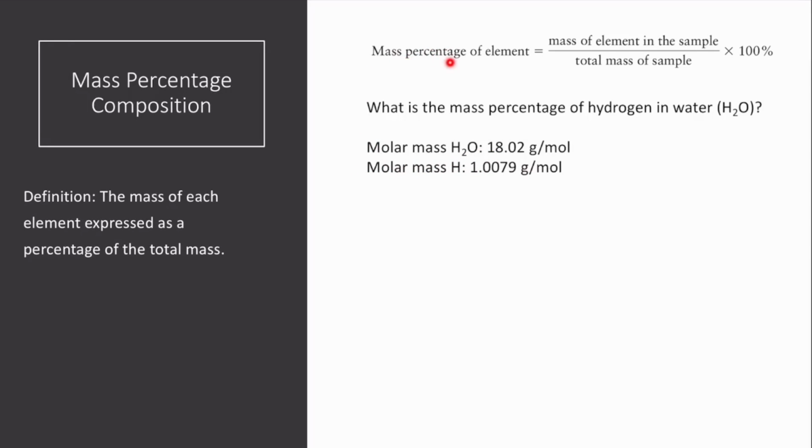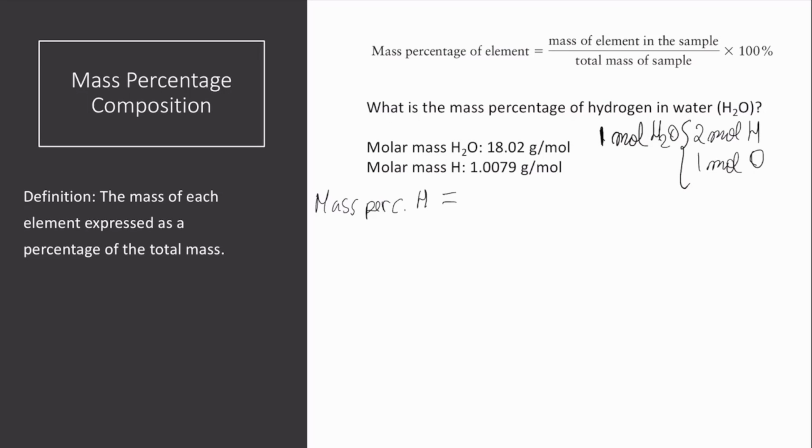And we have to use this formula up here to find the mass percentage of hydrogen. But first, let's define the following ratio. For every 1 mole of water molecule, we have 2 moles of hydrogen and 1 mole of oxygen. Then we can use the formula to find the mass percentage of hydrogen atoms.